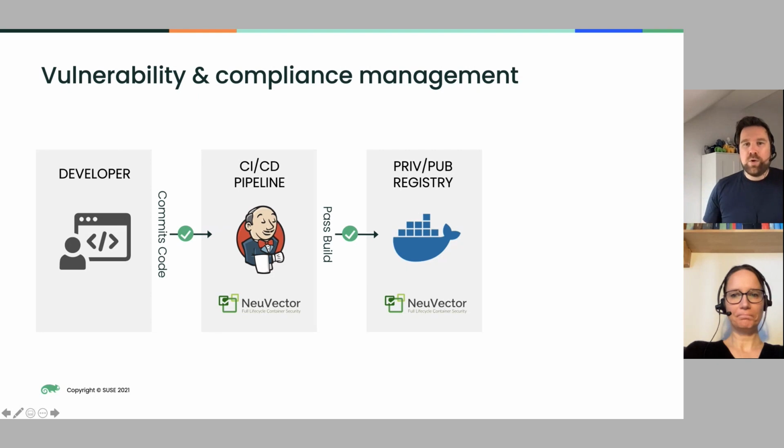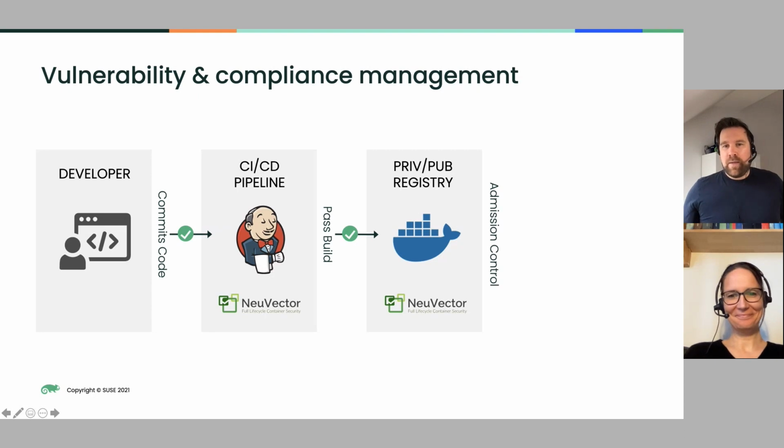At some point, you want to deploy your container image to production or to a staging cluster, to some Kubernetes cluster. There is an admission control system in Kubernetes we talked about earlier, and NeuVector can also hook into it. So you can, for example, configure admission control rules inside of NeuVector to tell Kubernetes, hey, if there is a new deployment with a container image that already has known security vulnerabilities, block the deployment.